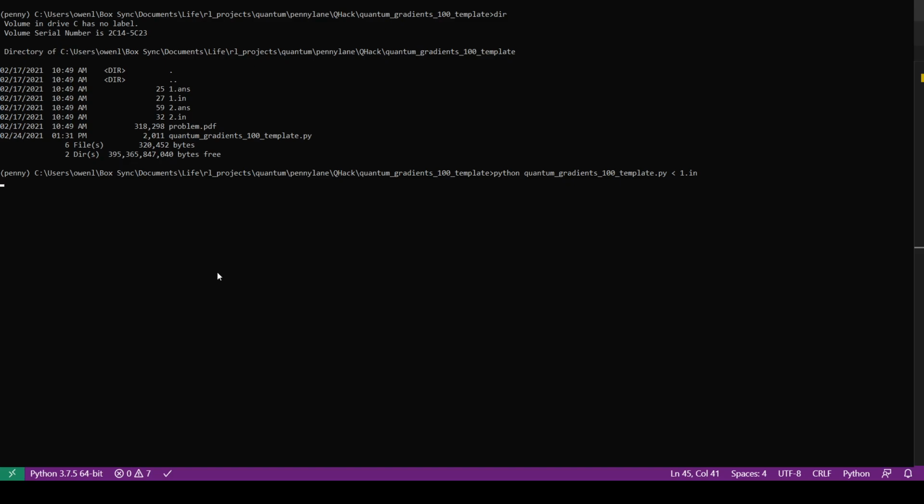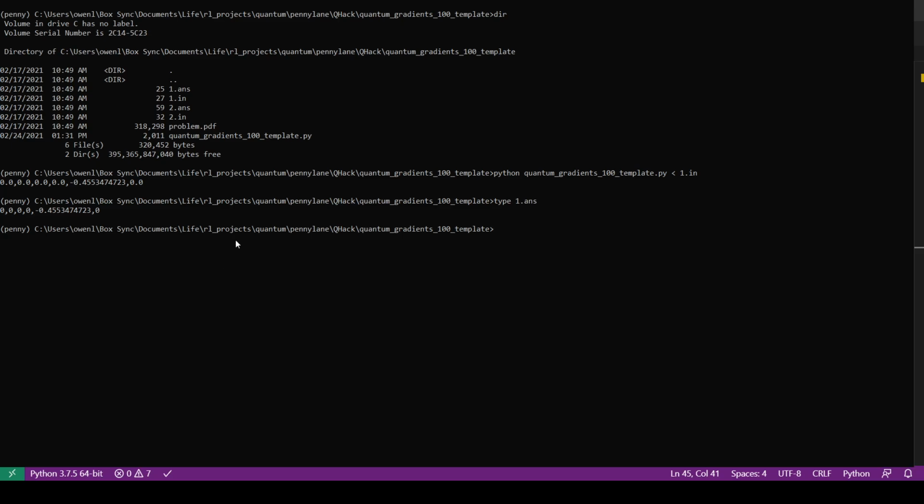When it's done running, we can compare it to the answer that is expected. We can see they look different just because there's decimal places here, but this value is exactly the same. I'm going to do it for 2 as well.